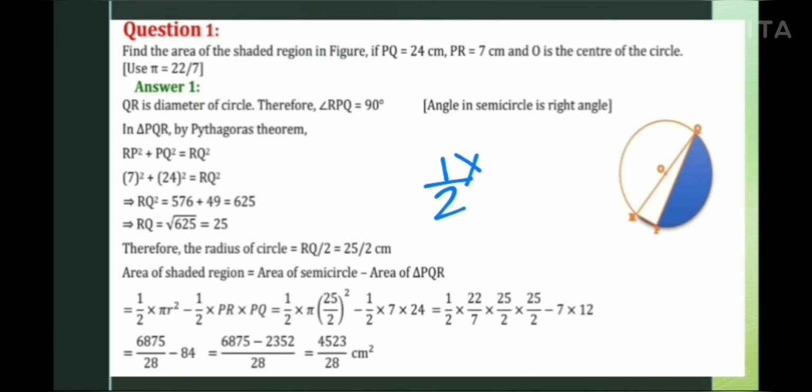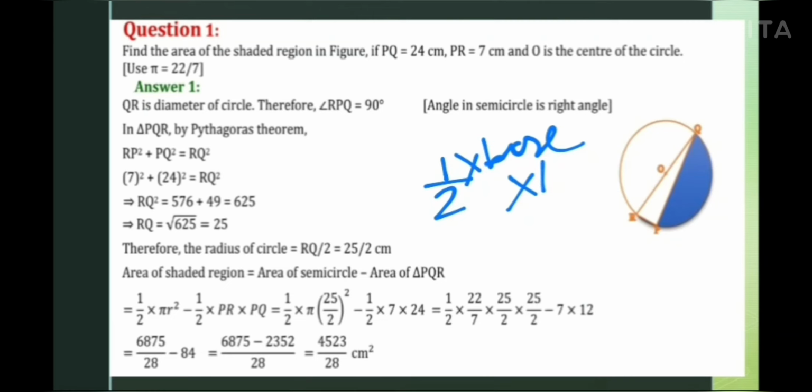Okay, so the area of the whole shaded region will be area of circle minus the area of sector, area of this whole circle minus area of this sector.